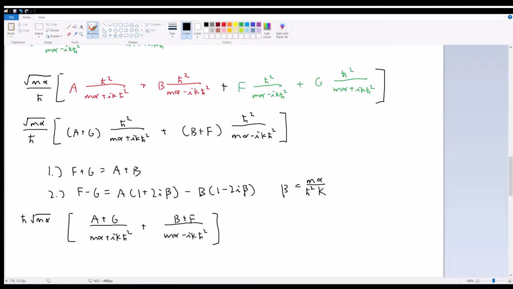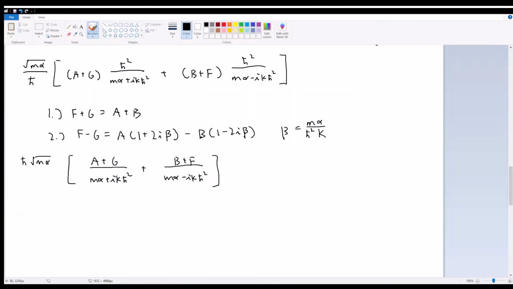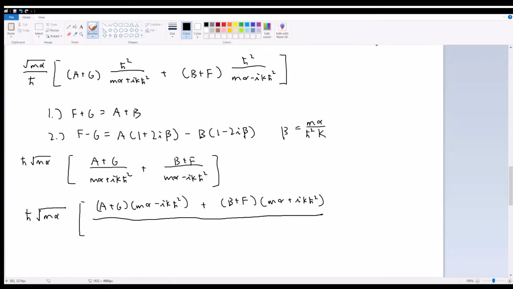And now I can combine these two terms, and what I'm going to get is h bar square root of m alpha, and then (a plus g) multiplied by (m alpha minus ik h bar squared) plus (b plus f) multiplied by (m alpha plus ik h bar squared). And then at the bottom, this is a complex conjugate multiplying by itself.